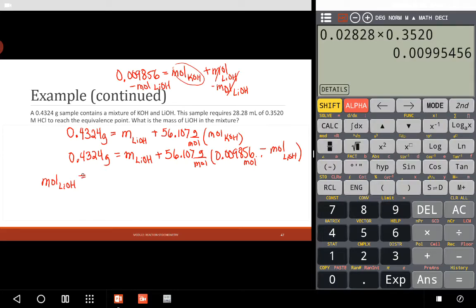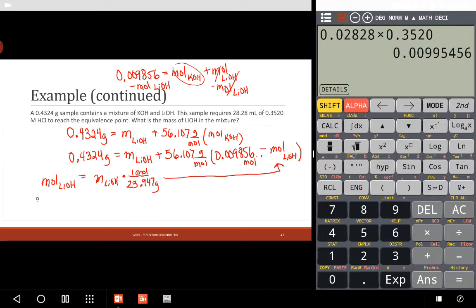So our moles of lithium hydroxide are going to be equal to my mass of lithium hydroxide times the inverse of the molar mass. So I can cancel out the grams and be left with moles. Okay, so now we'll plug this in there.